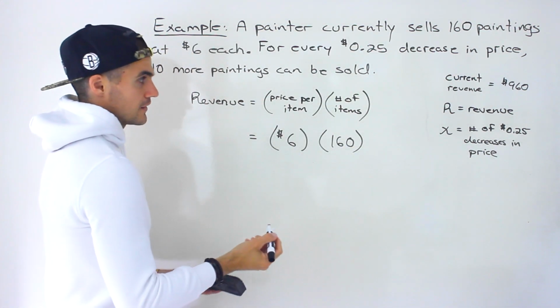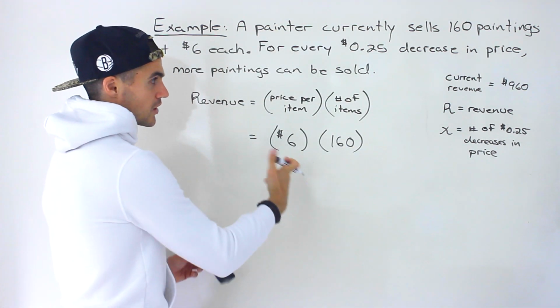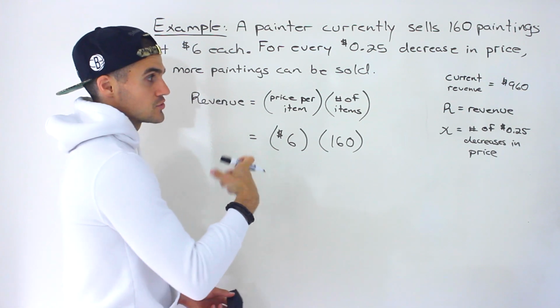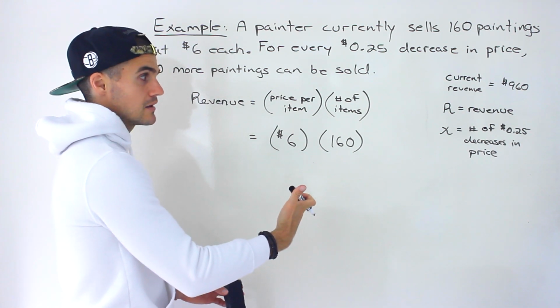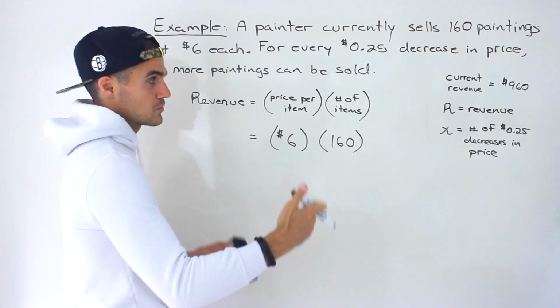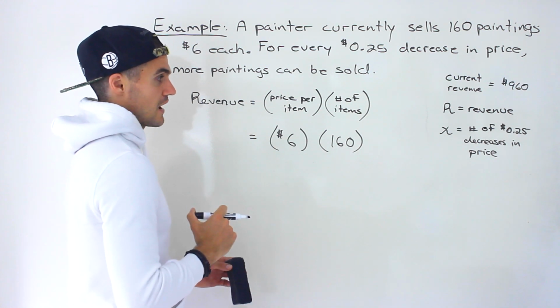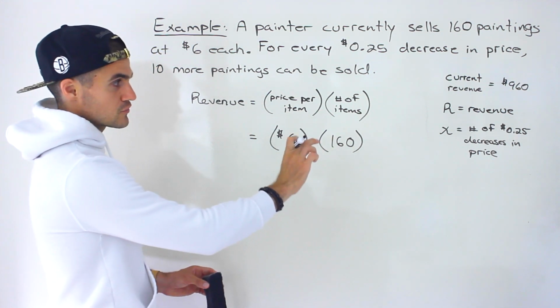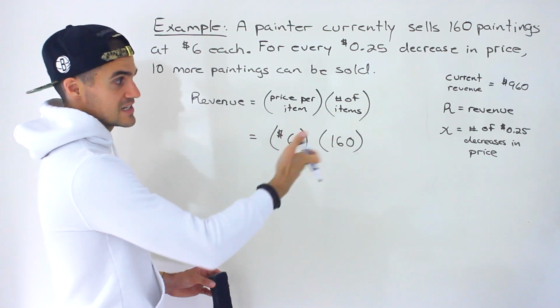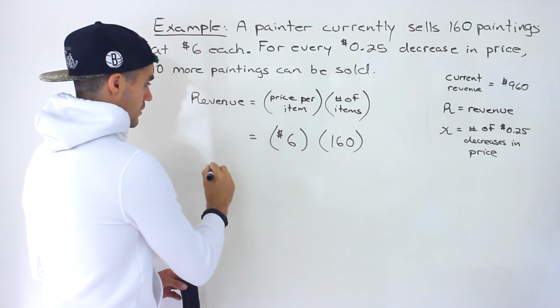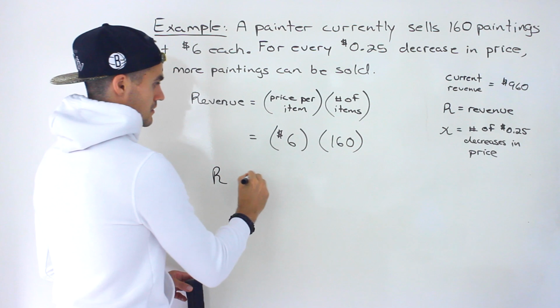Okay, so if the x value is 1, we're decreasing the price by 25 cents. If the x value is 2, we're decreasing the price by 50 cents. If the x value is 3, we're decreasing it by 75 cents. So if x is the number of 25-cent decreases in price, how can we create a function here?